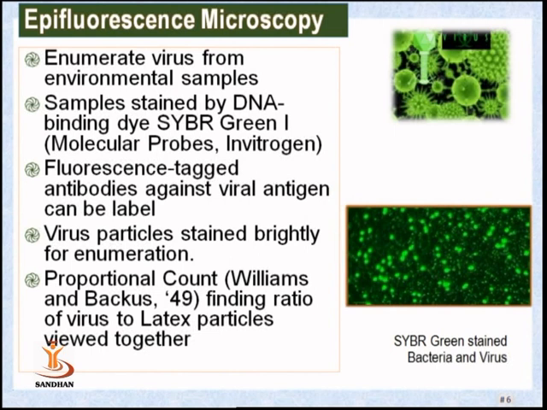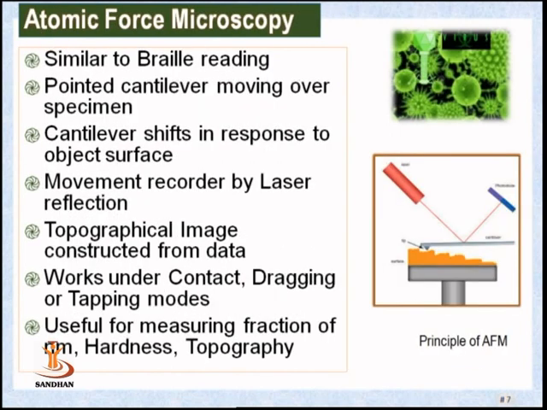On the basis of this appearance, we can not only detect the presence of virus, we can also enumerate them, learn about their morphological features, and by using a specific antibody, we can identify the kind of virus also.